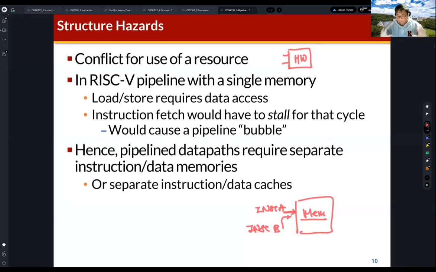Because of the limited resources in the hardware, if these resources are occupied by a certain instruction, then the next instruction cannot use this target hardware. So this is the structure hazard: conflict for use of a resource.